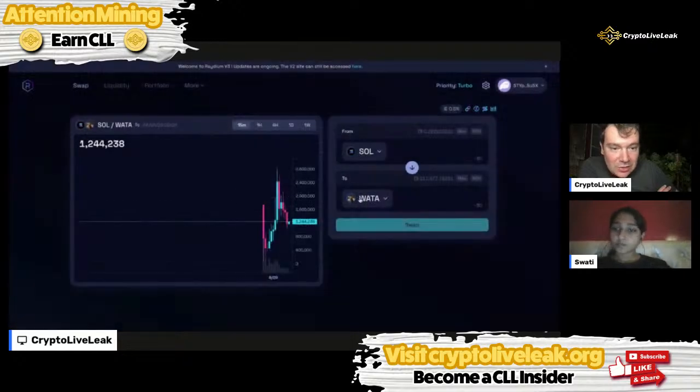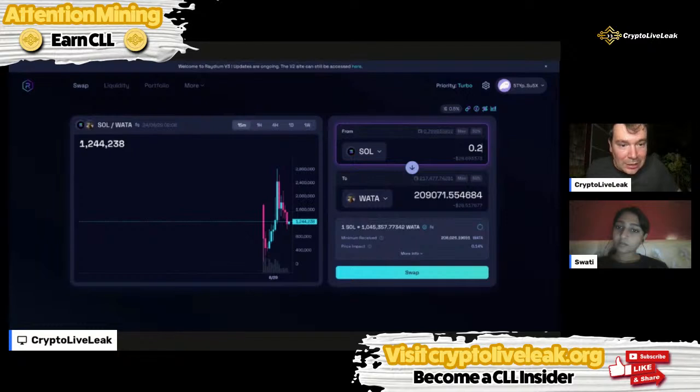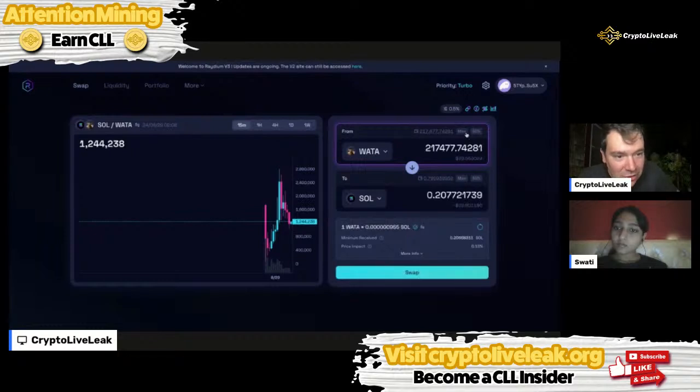You see it here, you select it, and then you're able to add how much SOL you'd like to trade into WADA. I put 0.2, and now we can see how much our WADA is worth. So over the course of the last few minutes, we actually gained almost 5% on this trade. Quite interesting. Let's let that sit for a little. Let's get back into Dexscreener and keep going over maybe some new tokens to trade.